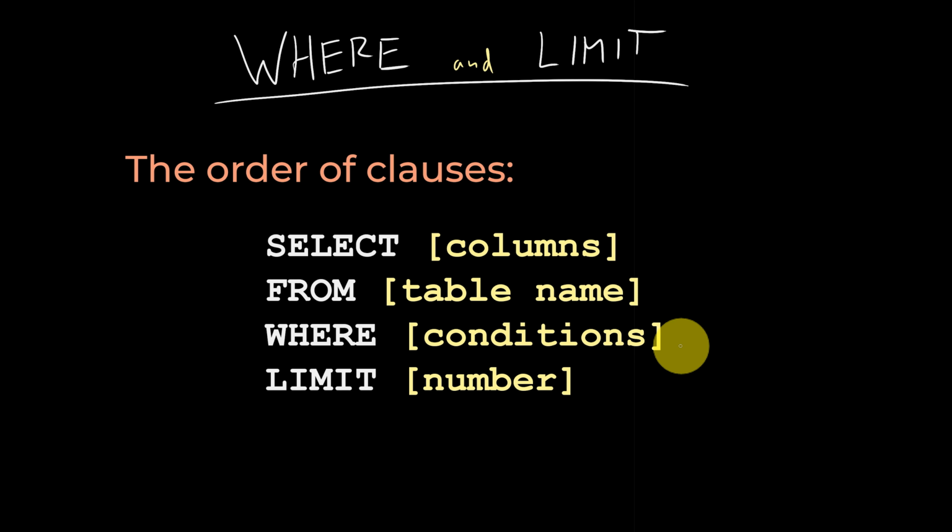Where, you write your conditions. It could be multiple conditions. And then limit, you just give it a number, and it will limit the number of rows. And technically, where and limit are optional. You can have a query without them, like we did in the last class where we only have select and from.